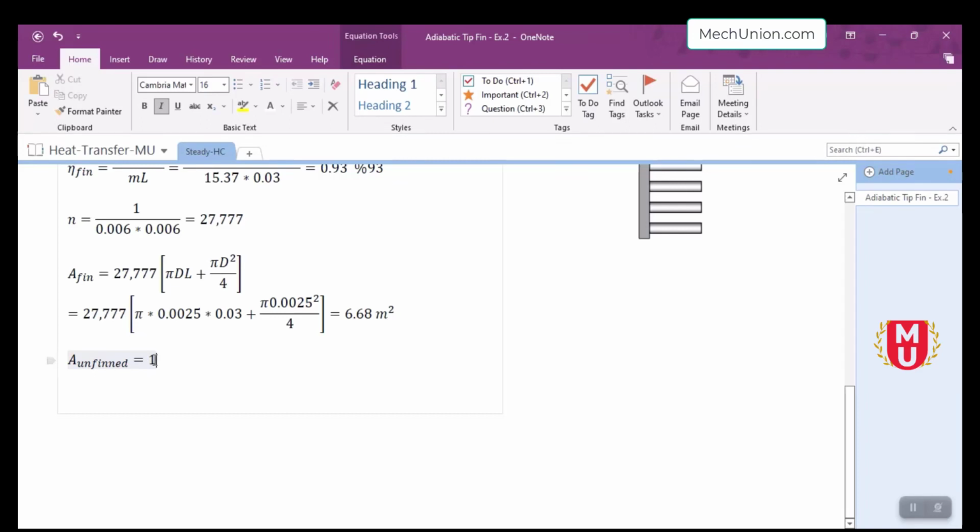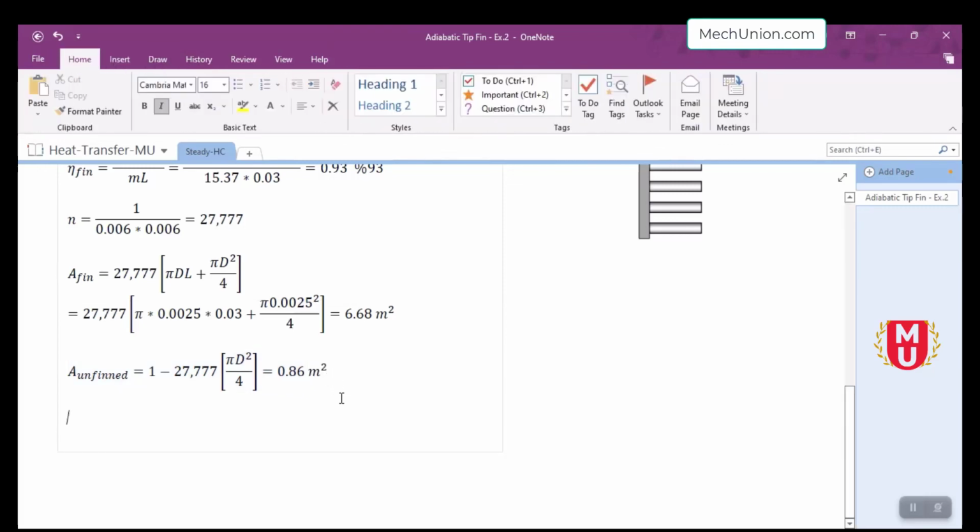It will be 1 minus 27,777 times the surface of fins, which was pi D squared over 4, the fin cross-section cancelled out from the base. If we do the substitution, we'll get 0.86 square meters.